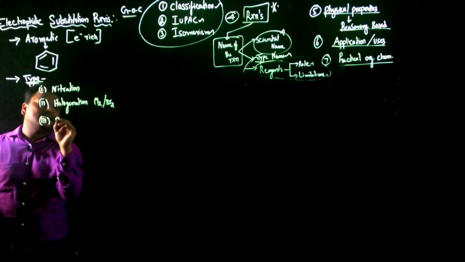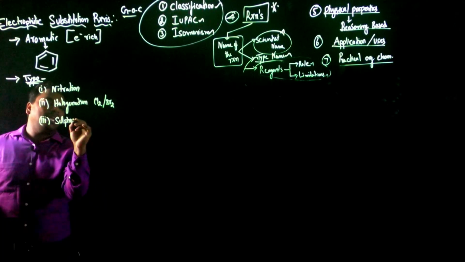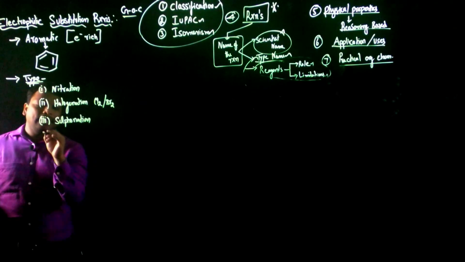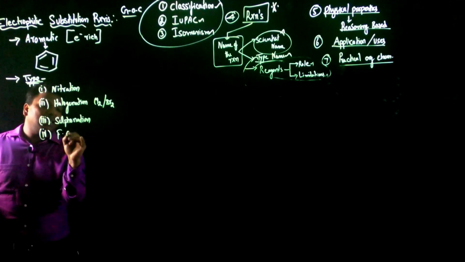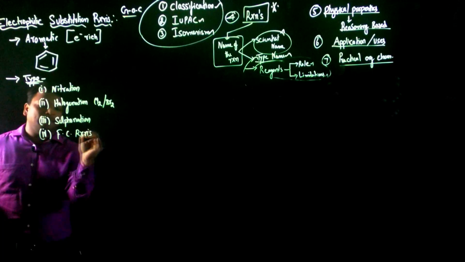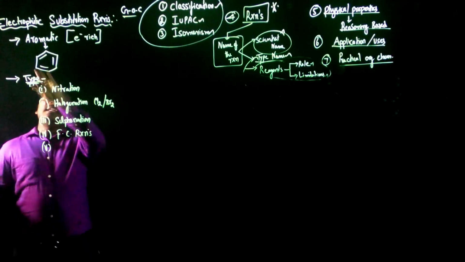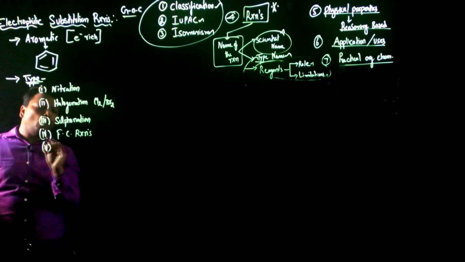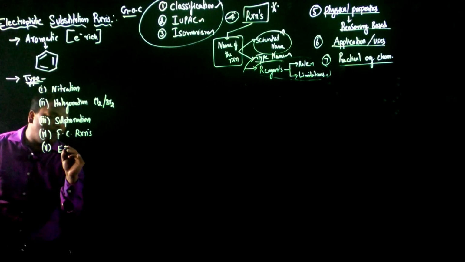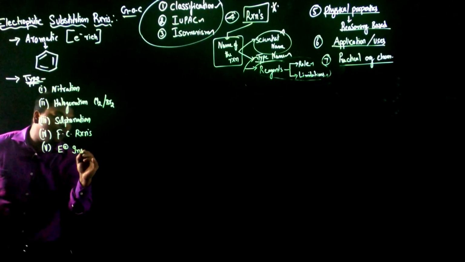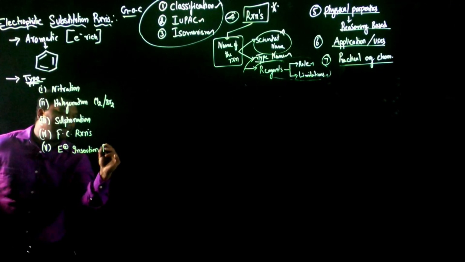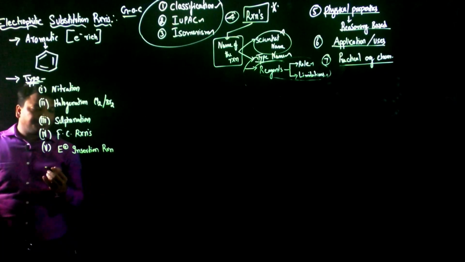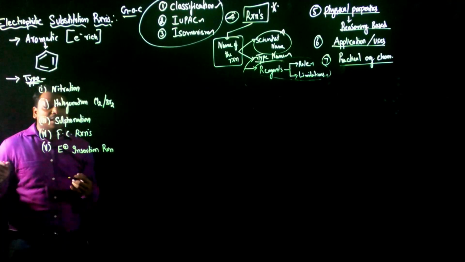Third reaction is the sulfonation reaction, and fourth one is Friedel-Crafts reactions. Fifth, one important classification is the electrophilic insertion reaction. In that we are going to discuss some naming reactions.